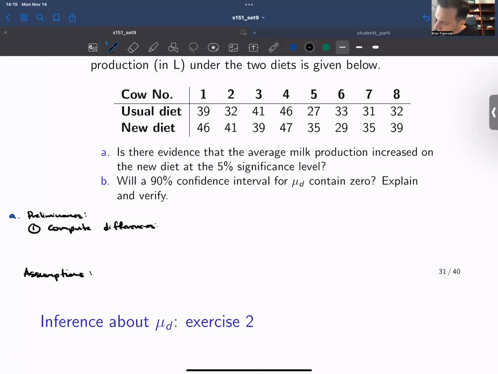So I'm going to call my differences di. I'm going to have 8 values here that I call di. Okay, so those are my differences.